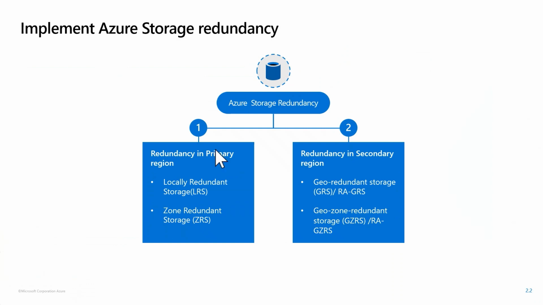So we do have options in the primary region to replicate using LRS or ZRS, zone redundant storage, or to a secondary region using geo-redundant storage or the read access version, or geo-zone redundant storage.